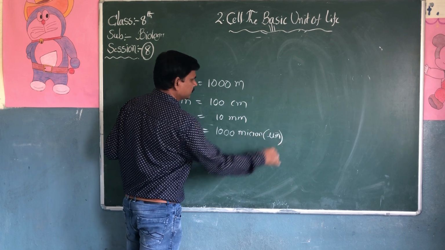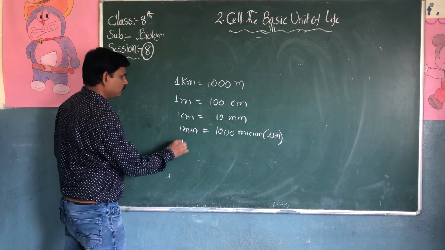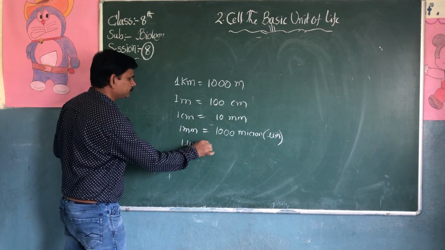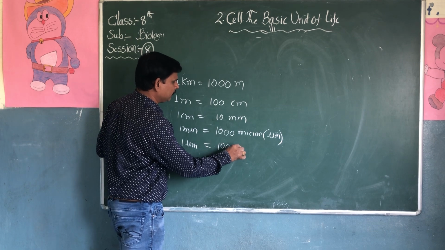This is the micron symbol. 1 micron is equal to 1000 nanometers.